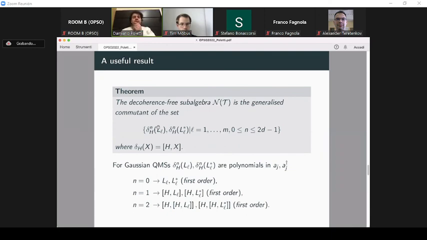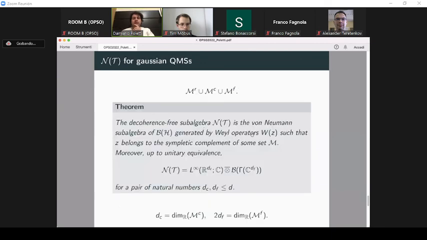And by the nature of this set, which is self-adjoint, the Decoherence-free subalgebra can be generated by Weyl operators. Okay, so this is the fact. So these linear combinations of annihilation and creation operators can lead you to quadratures and therefore to Weyl operators.